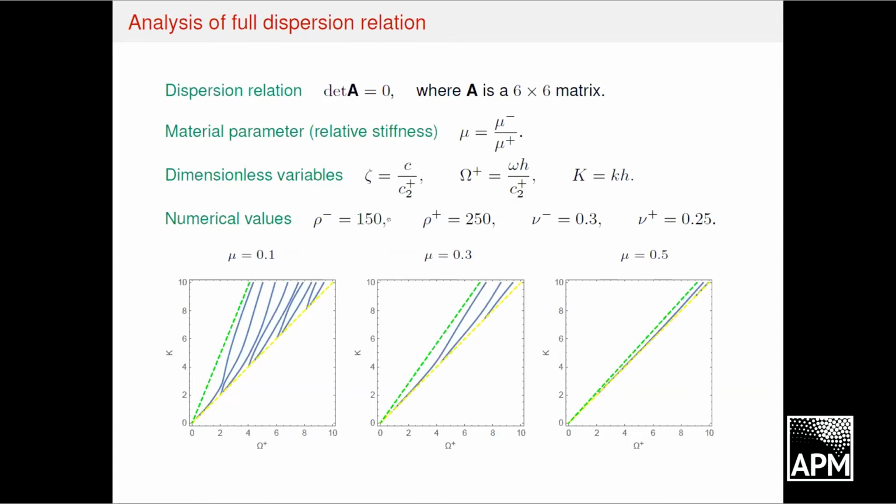We've picked some material parameters just to perform the computations. So we're fixing them, but we are changing the ratio of shear moduli, and we can see that certainly a lot depends on it. Because, of course, if mu was 1, then, if all the other parameters would also coincide, it would be the situation of a homogeneous half space.